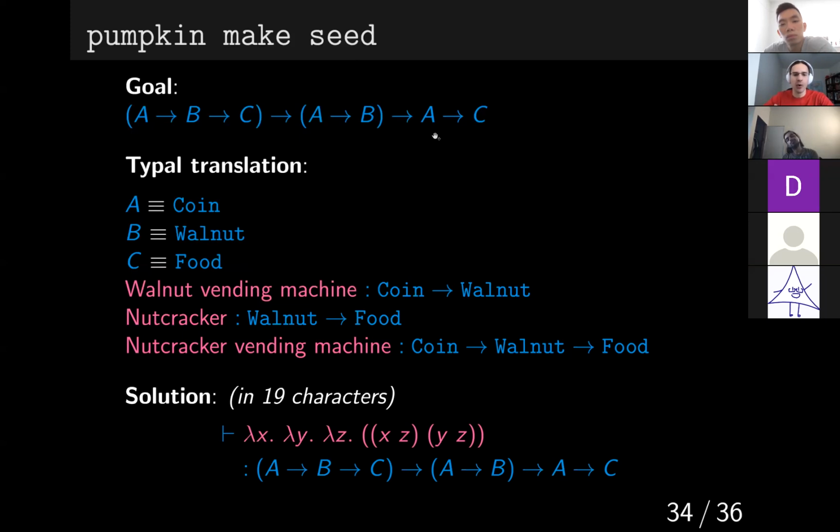Z has type coin. So you take a coin and you use it on the nutcracker vending machine. You take a coin, you use it on the walnut machine, and then you use the nutcracker on the walnut. And this proof term exactly encodes that. And this provides a different constructive perspective about thinking about proofs.